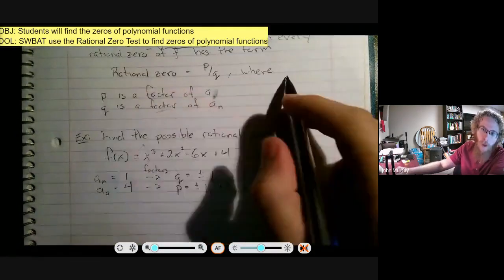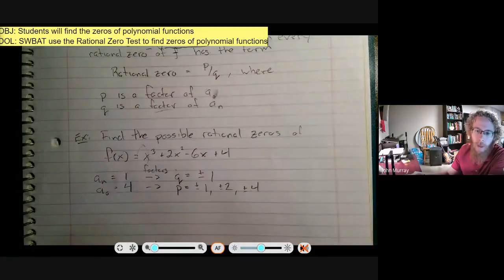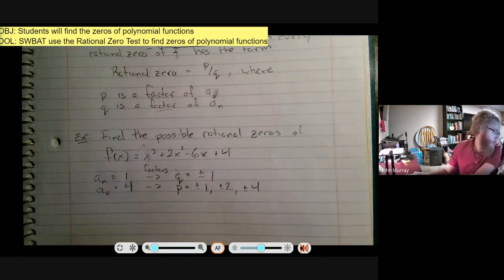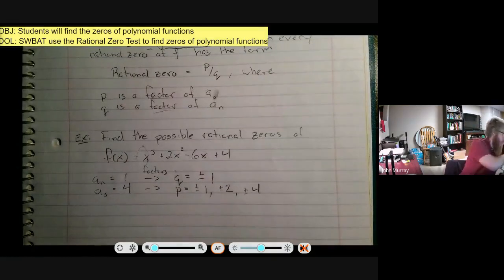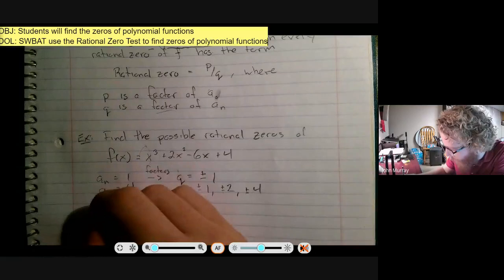Okay, so then I just plug all those different numbers into this. Now, this is done in a few different ways. You can write them all out at once.